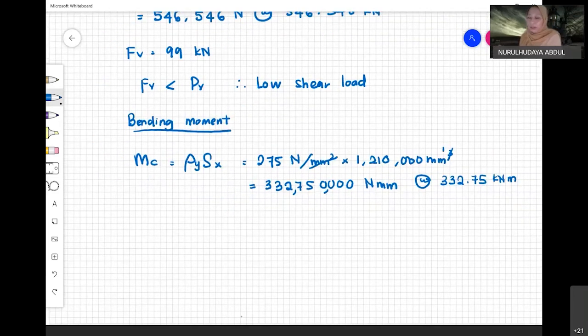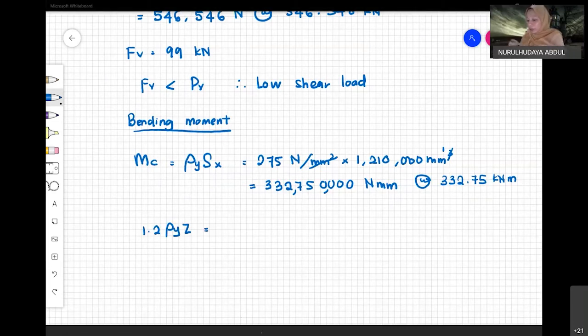And also in BS, it mentions that we must make sure that MC is less than 1.2 PY Z. If you look back at my notes, I wrote about this clause, which I extracted directly from BS.